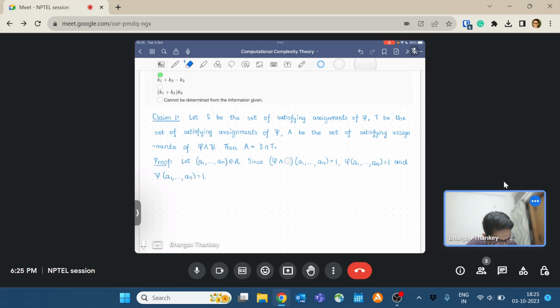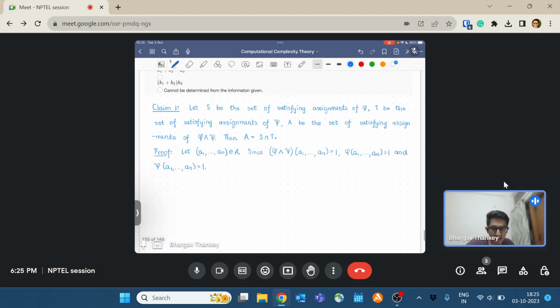And so A1 to AN is a satisfying assignment of both phi and psi. And so A1 to AN is in S intersection T, implying that A is a subset of S intersection T.